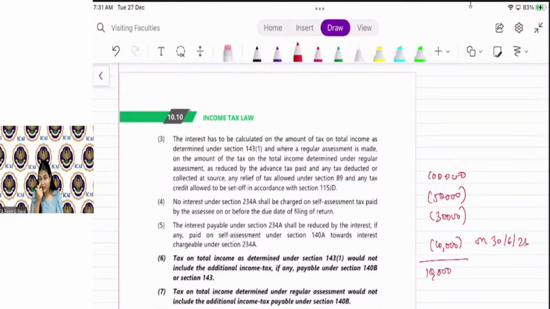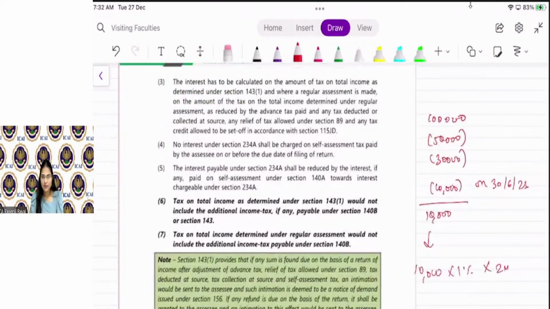This 10,000 I will pay on 30th September. Then in that case, on this 10,000, I have to pay 1% interest. So whatever amount you paid before the due date of filing return of income, on that amount the interest under 234A will not apply.